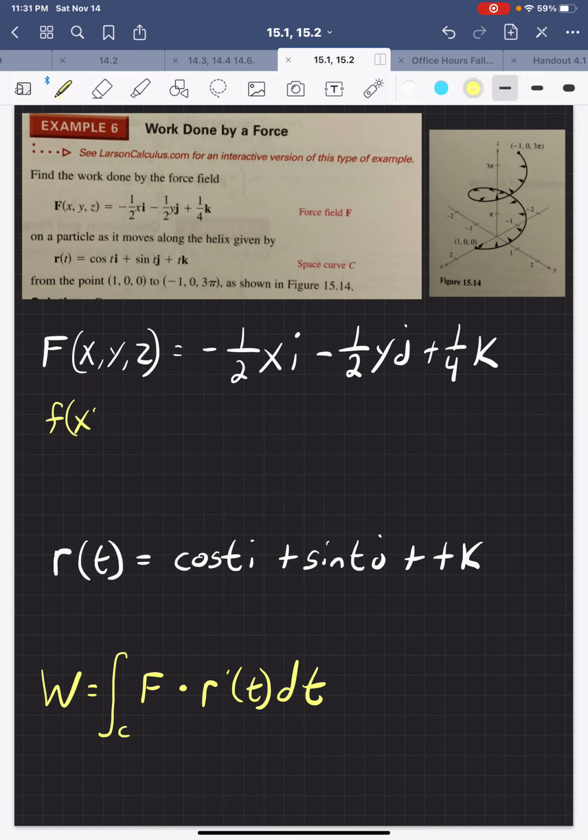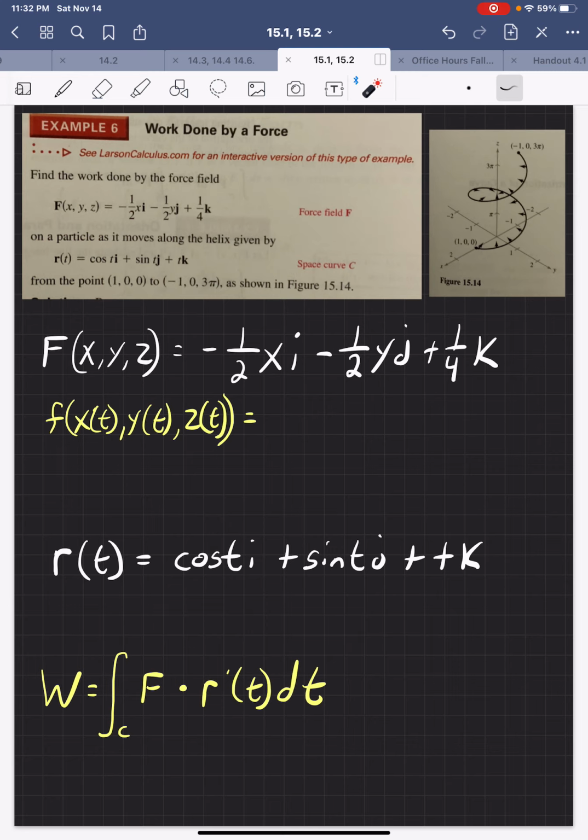We need x to be a function of parameter t, y to be a function of parameter t, z to be a function of parameter t. So the question is, what do we plug in for x, y, etc.?